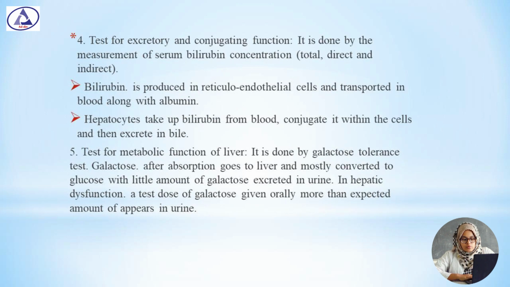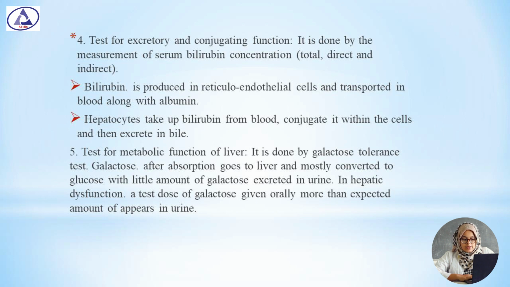Test for excretory and conjugating function. It is done by the measurement of serum bilirubin concentration, total, direct and indirect. Bilirubin is produced in reticuloendothelial cells and transported in blood along with albumin. Test for metabolic function of liver.